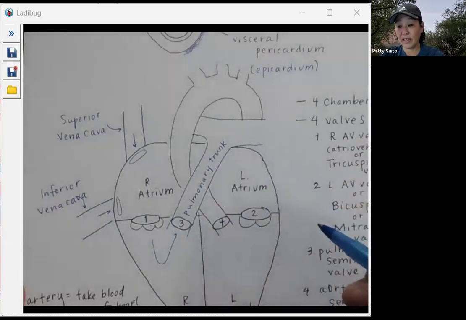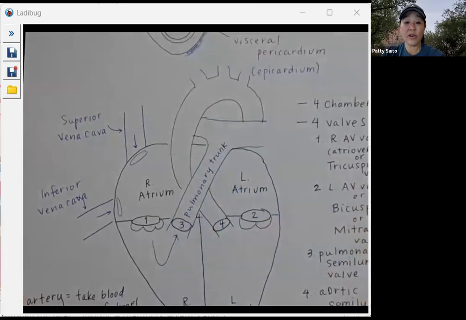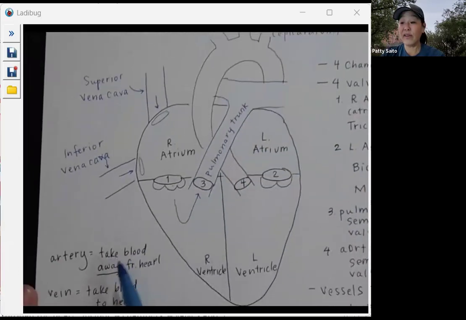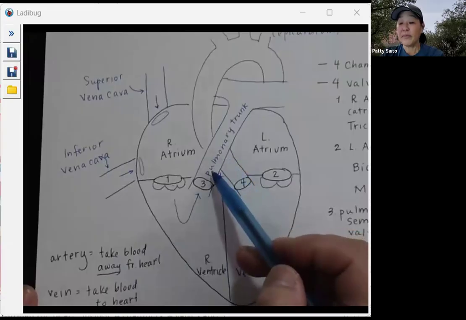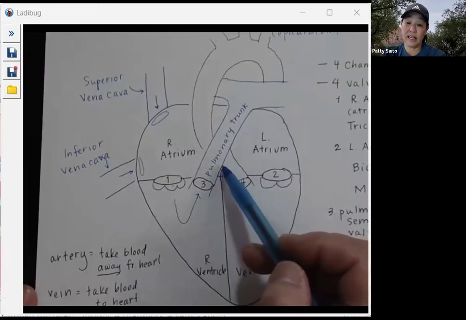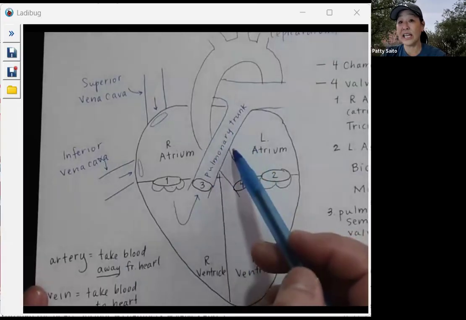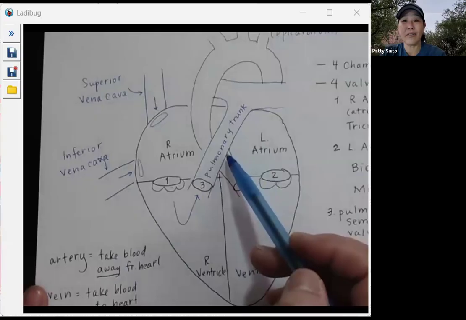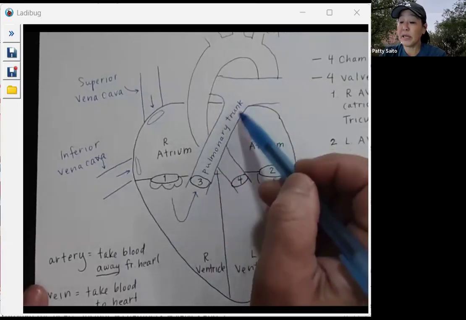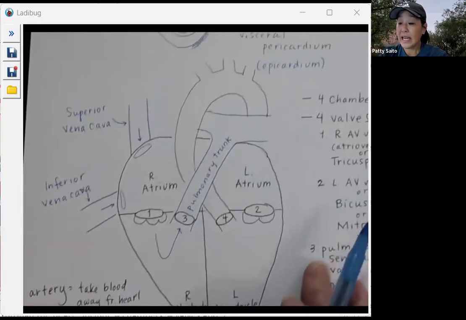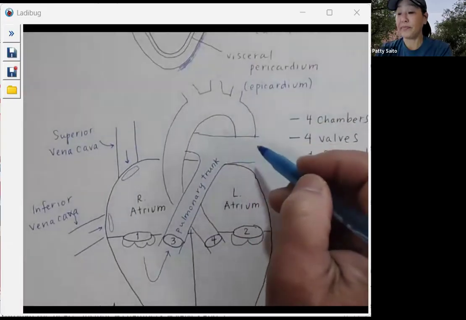Away from the heart. So it has to be an artery, even though it's low in oxygen. The pulmonary vessels are one of the exceptions, okay, where it's deoxygenated or low in oxygen, and it's an artery. So the pulmonary trunk is an artery taking blood away from the heart.